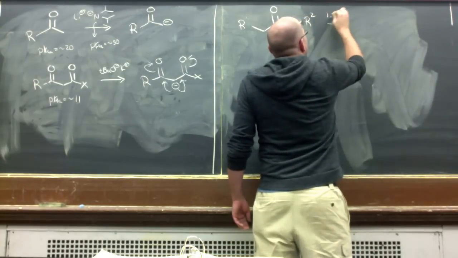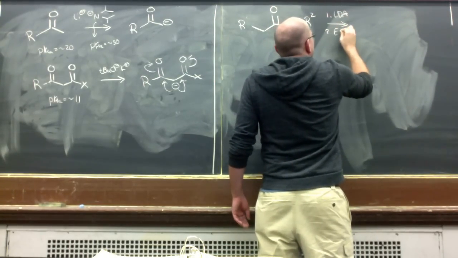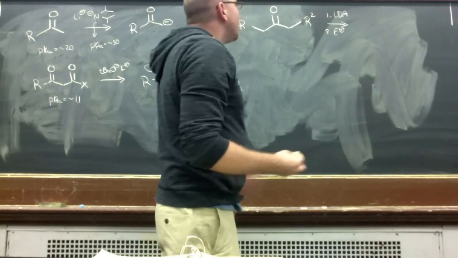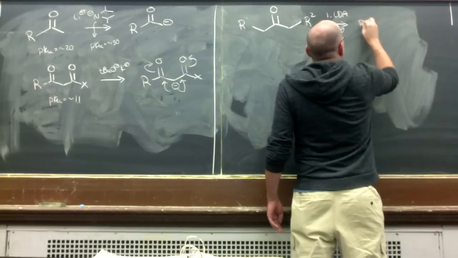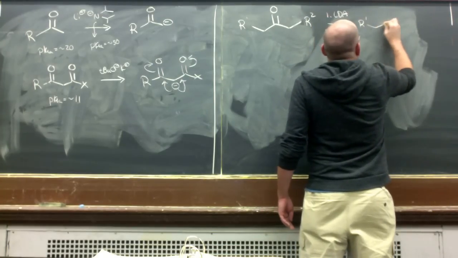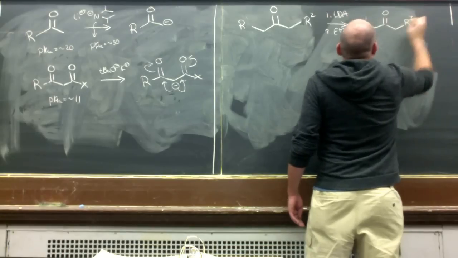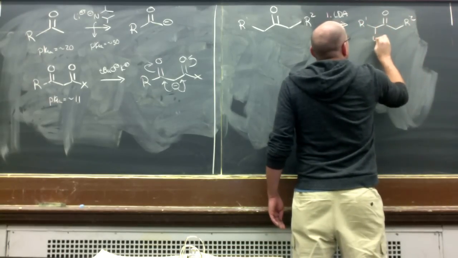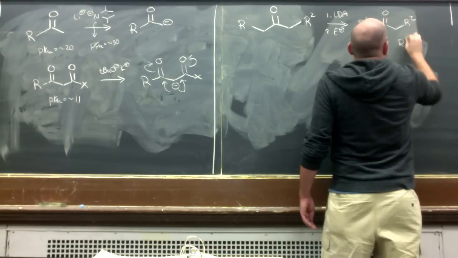So we just say 1 LDA, 2 electrophile, okay? What's going to happen in this case is that you're going to get a mixture of this as well as the other one.